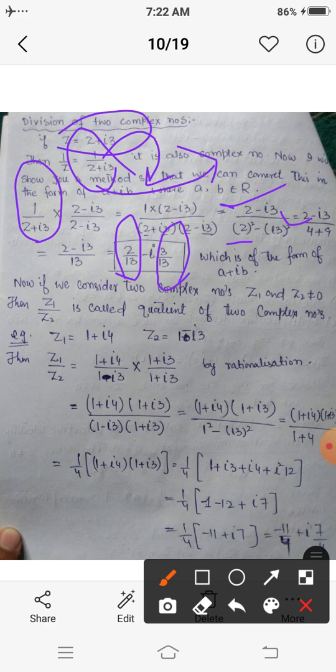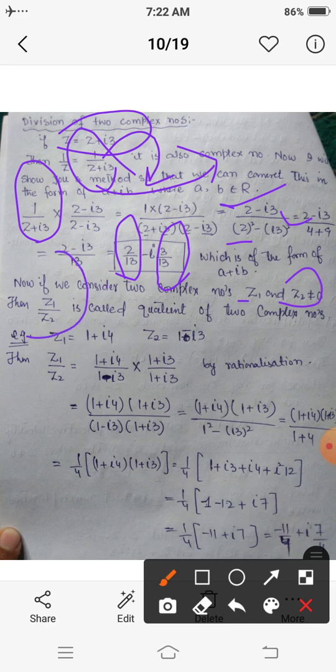This is how to find the real and imaginary parts of 1 upon z. Now if we consider two complex numbers z1 and z2, while z2 not equal to 0, it means for z2 at least the real or imaginary part should be non-zero.